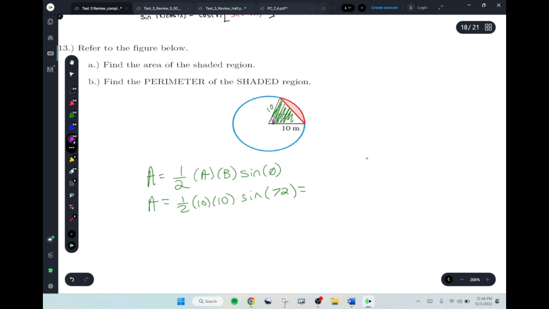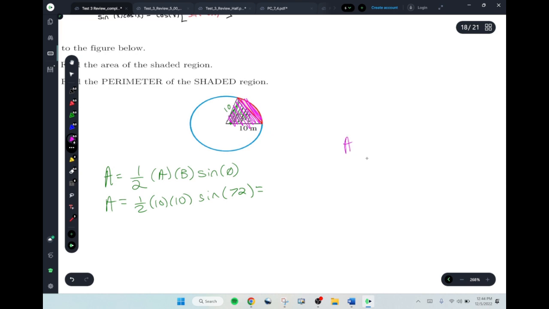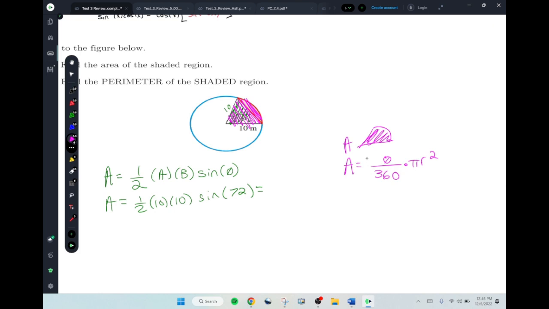Now we've got to find the area of this pink region. Area of one of these things. I don't know what it's called, a sector, maybe. The area of the sector is theta over 360, because there's your proportion, right? Times pi r squared. Fight me if it's wrong, please.